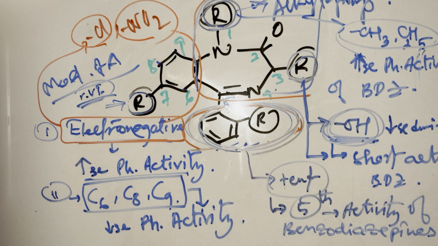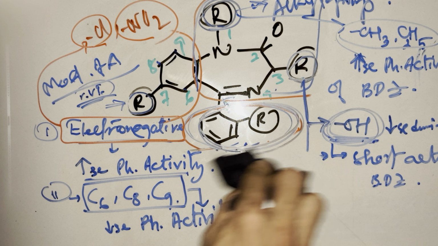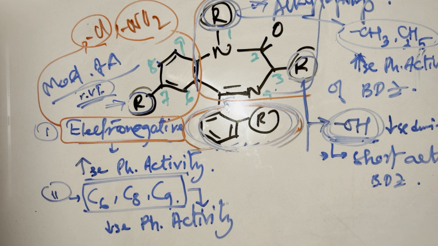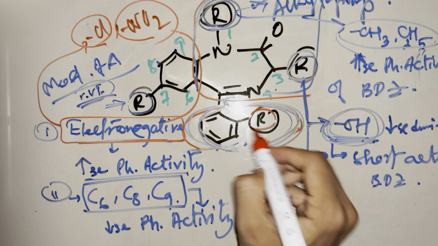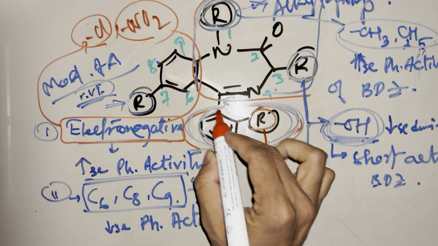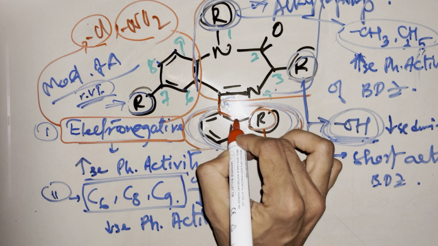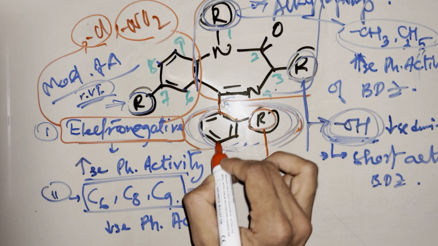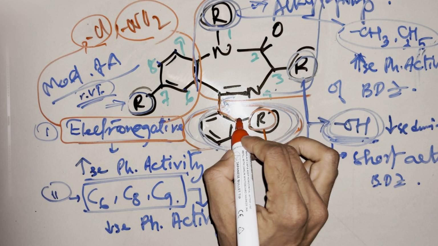Okay. Next, in ring C. If you focus on ring C, you will see one R group present here. This R group is at the ortho position with respect to this ring, yes or no? So ortho position, meta position, para position. With the fifth position, this is at the ortho position.